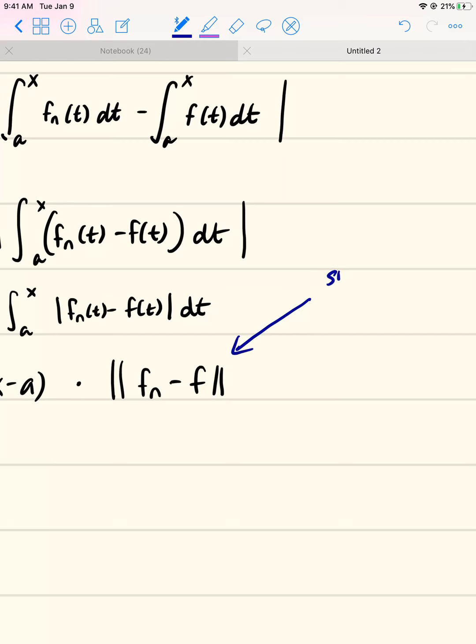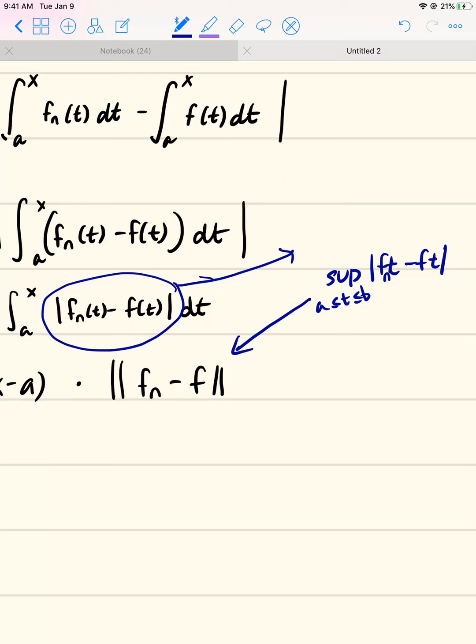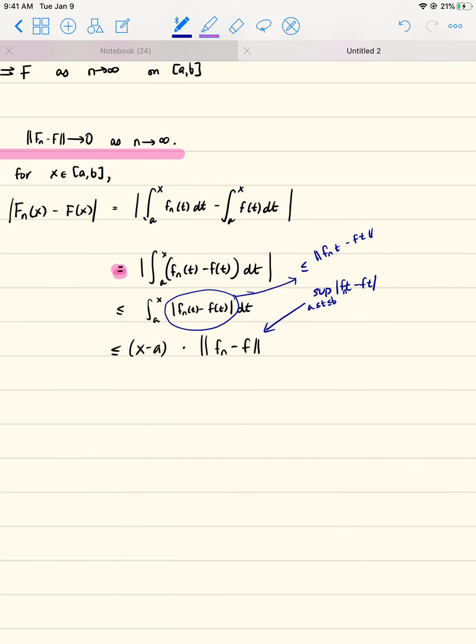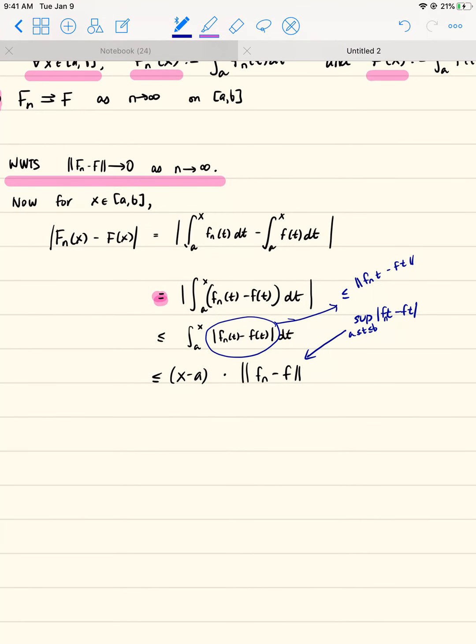This is the sup of fn of t minus f of t, where t is in between a and b, right? This integrand is always going to be majorized by, therefore, the sup norm over all t's, right? So not just t's in between a and x, it'll be less than or equal to the sup norm over the entire domain.